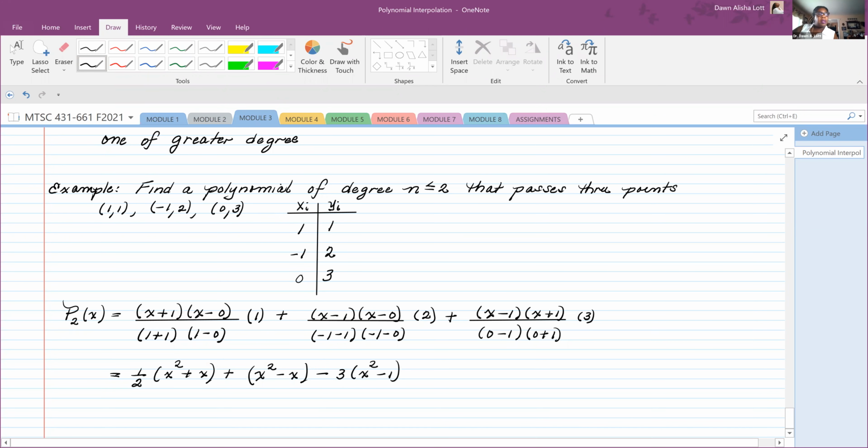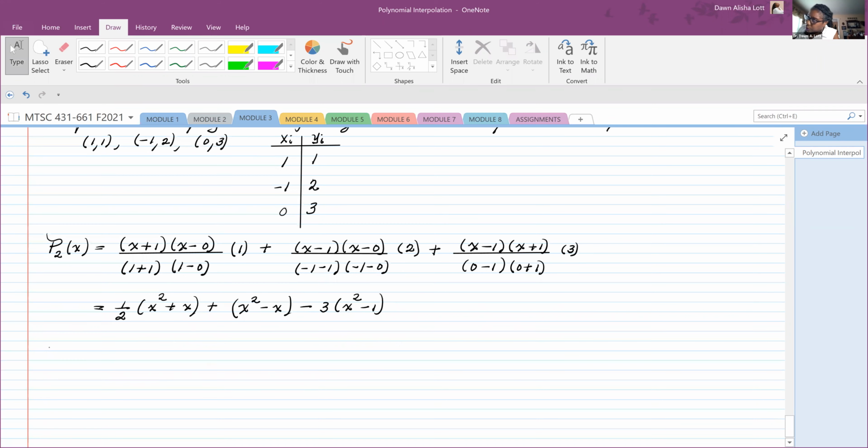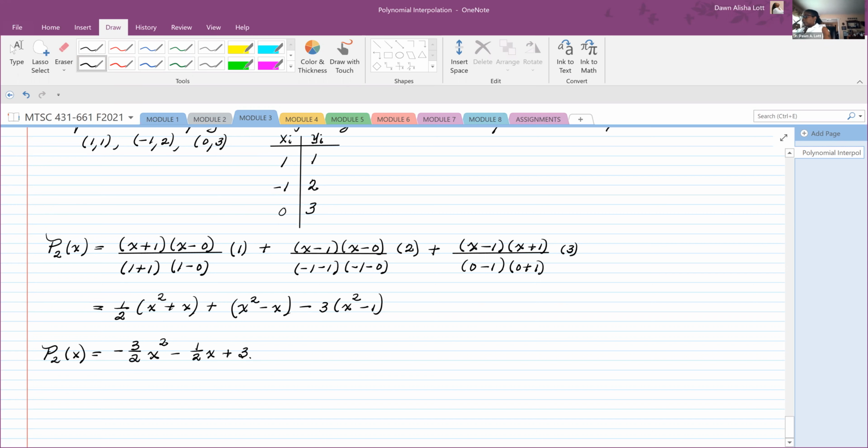So this then becomes P2 of x. Turns out to be negative 3/2 x squared minus 1/2 x plus 3. Now, as you can see, the X values are at -1, 0, and 1.